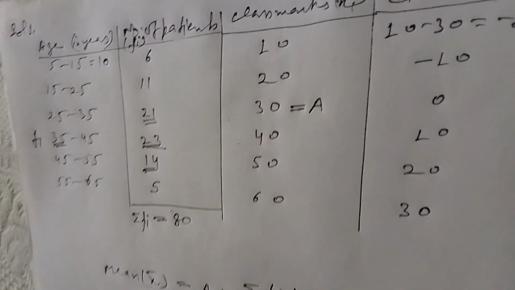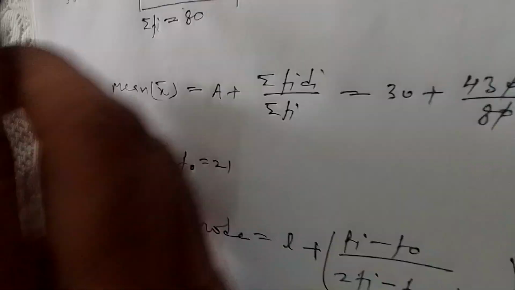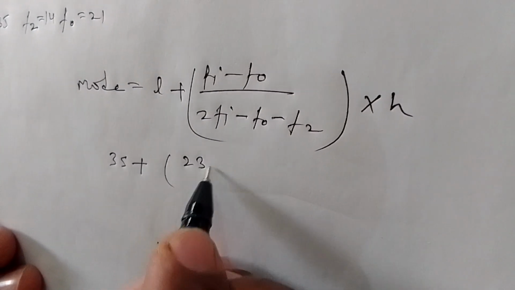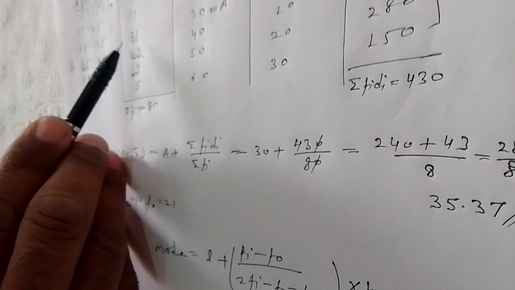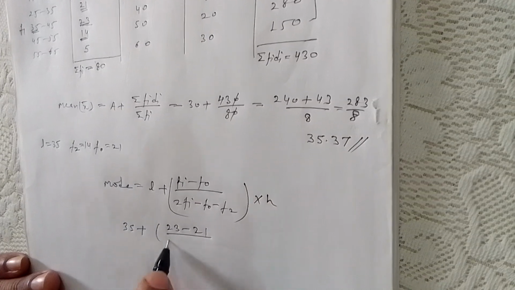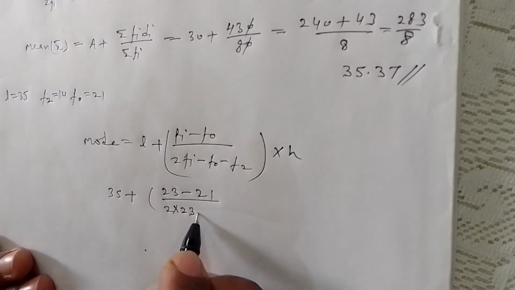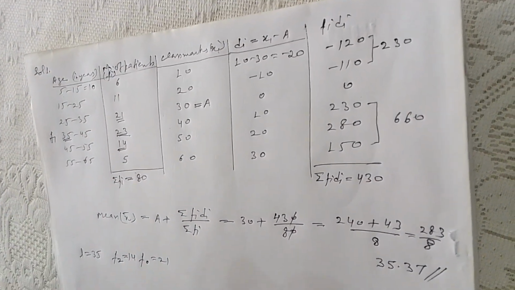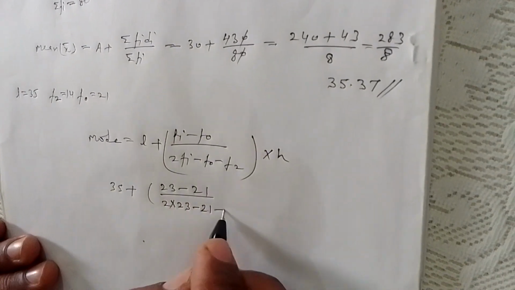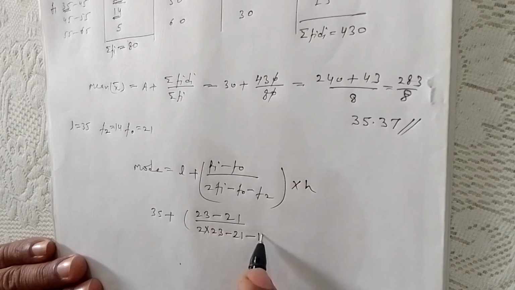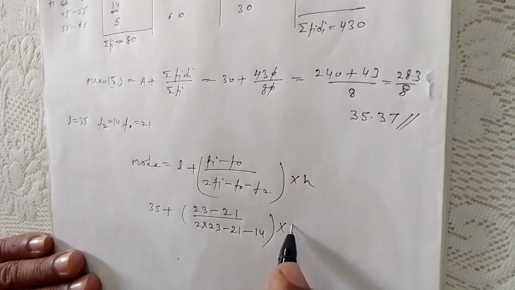So by inserting the values, the lower limit of the modal class is 35, plus the frequency of the modal class 23 minus the frequency of the previous class 21, divided by 2 multiplied by 23 minus 21 minus 14, the frequency of the succeeding class f2, multiplied by the class size 10.